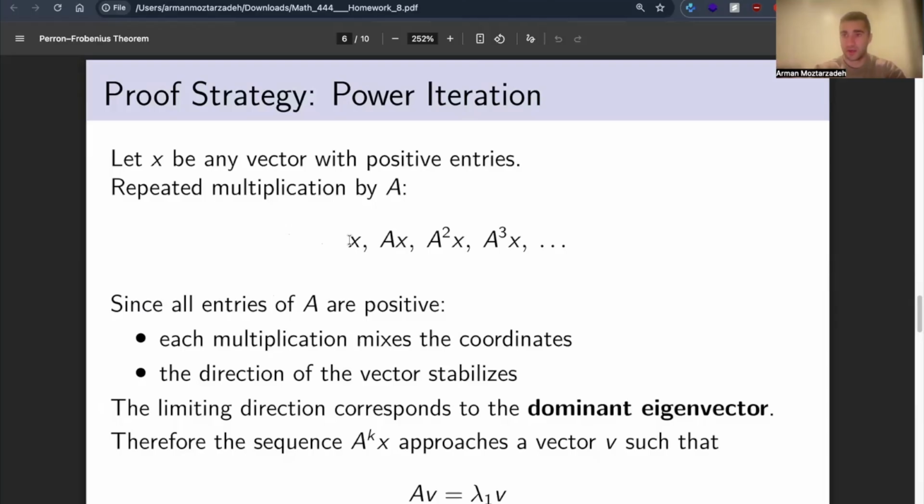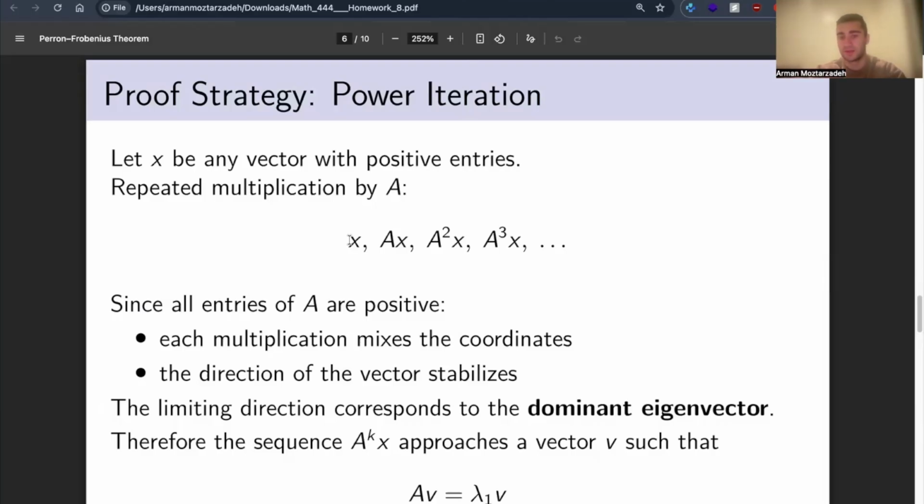So in other words, each coordinate begins to influence the others. As we continue this process, the direction of the vector gradually stabilizes. The magnitude of the vector may change, but its direction begins to settle towards a fixed and stable direction. Eventually, the sequence approaches a vector v that satisfies the equation Av = lambda 1 v, and this means that v is an eigenvector that corresponds to the dominant eigenvalue, which is guaranteed by the Perron-Frobenius theorem.